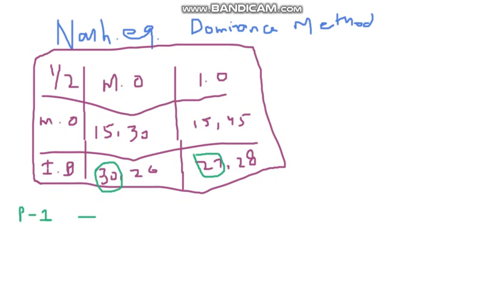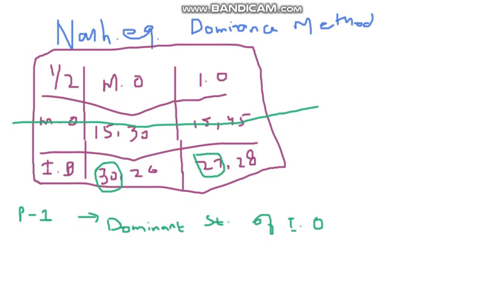So the player 1 has a dominant strategy of increasing output. So player 1 will always choose to increase the output irrespective of the player 2, so this strategy will cancel out.